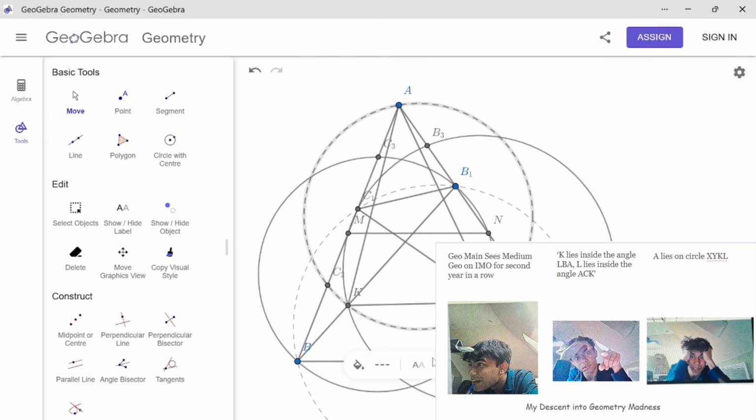Moreover, B1B3 times B1C is equal to a half B1A times 2B1B2, which is B1A times B1B2.